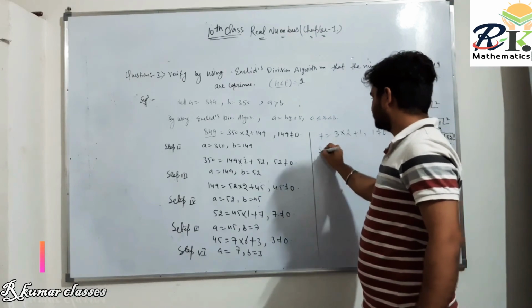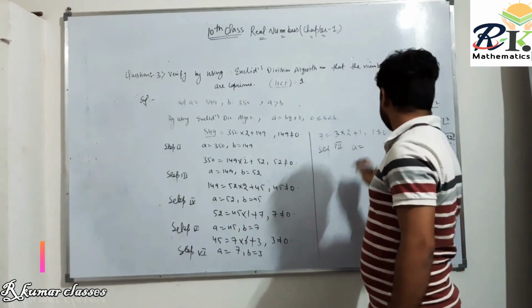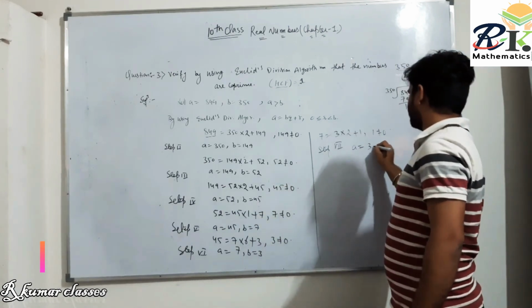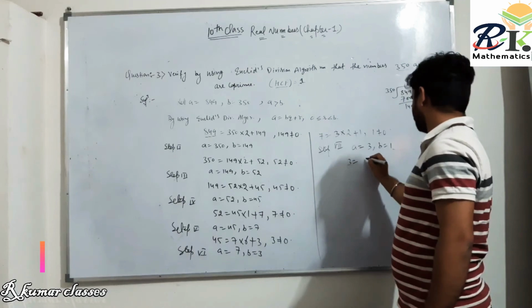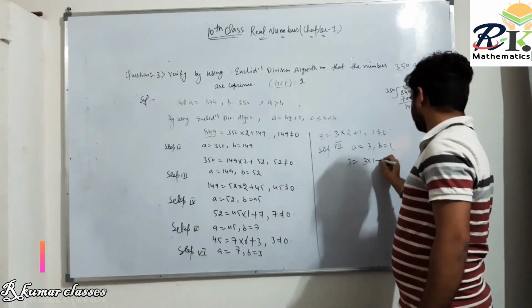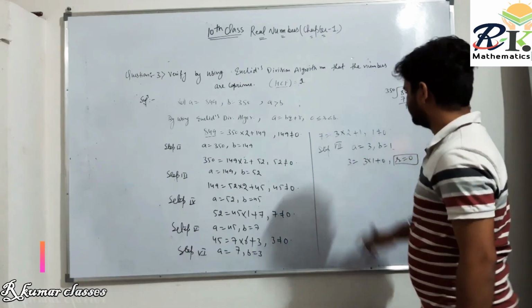Again taking in step 7, a is 3 and b is 1. So 3 is equal to 3 into 1 plus 0. So here r is 0 in step 7.